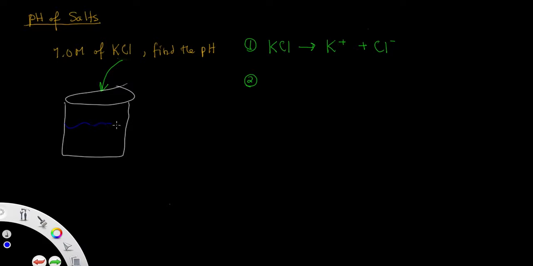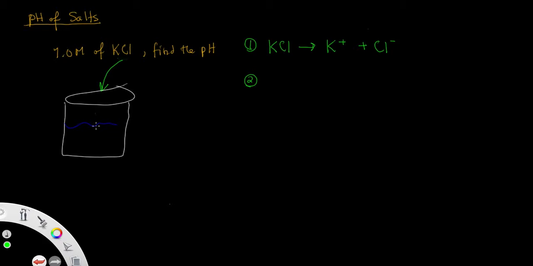If we put this salt in the water, we know that it will dissociate into potassium ions and chloride. That's the only way we can write this dissociation reaction, by adding this salt into water.